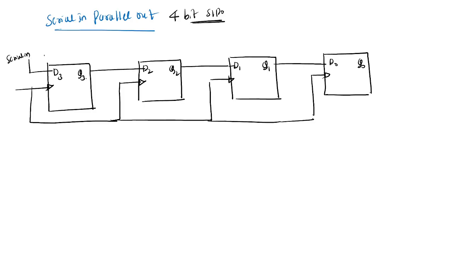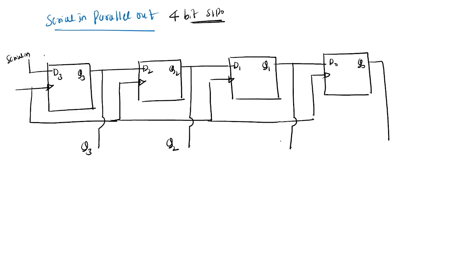And you are taking the output at a time, parallel out: Q3, Q2, Q1, and Q naught.